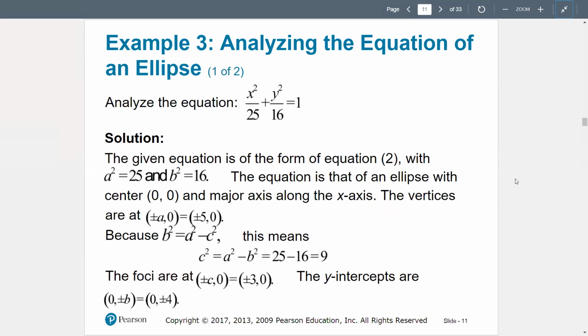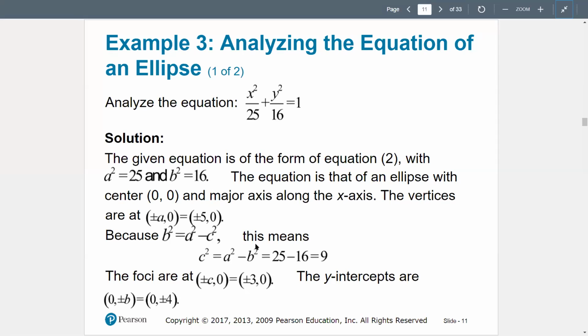Here we have a third example. And then I think we're going to go on to the next theorem. So here we're given a squared as 25 and b squared as 16.